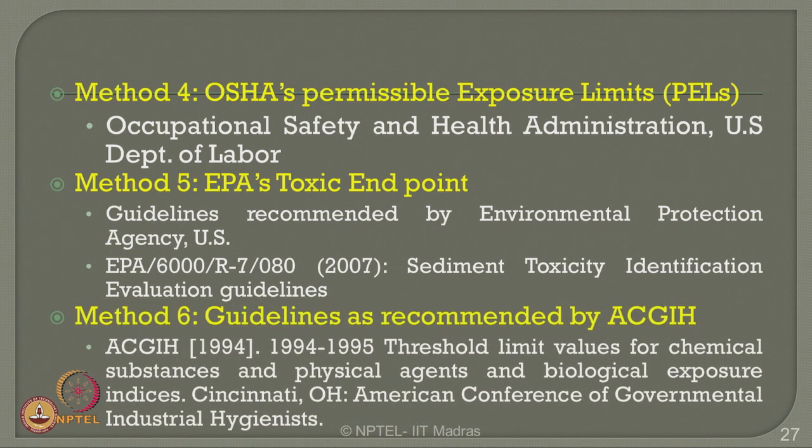The sixth method is based on the guidelines recommended by the American Conference of Governmental Industrial Hygienists, which is ACGIH, in 1994. They give threshold limit values for chemical substances and physical agents and biological exposure indices, published in Cincinnati by the American Conference of Governmental Industrial Hygienists. So, they give guidelines depending on which one can check whether the toxicity limit of exposure on mankind is within the permissible limits as admissible by these standards.